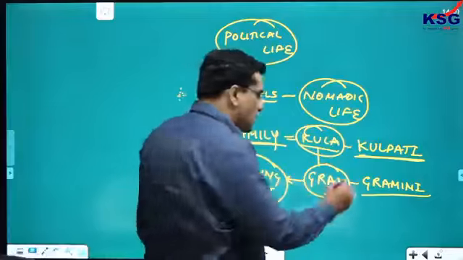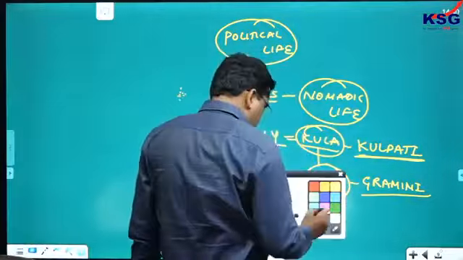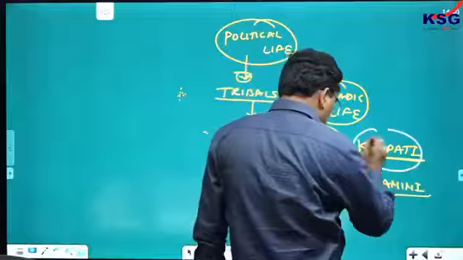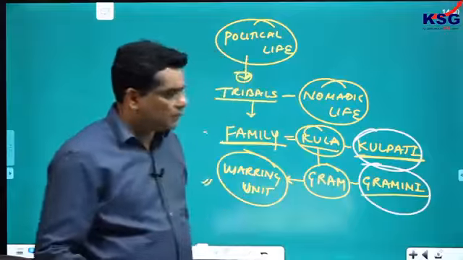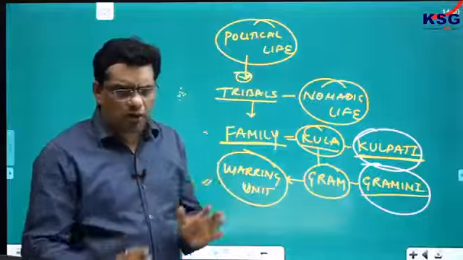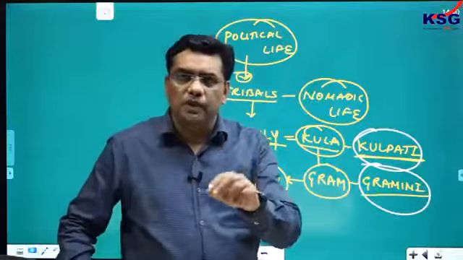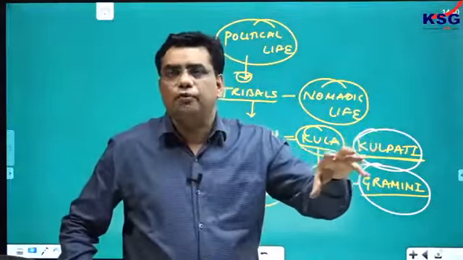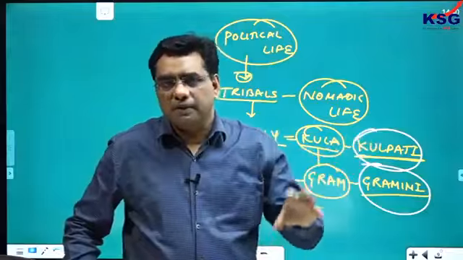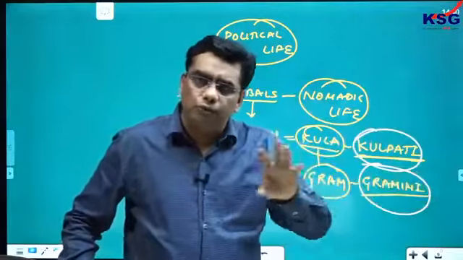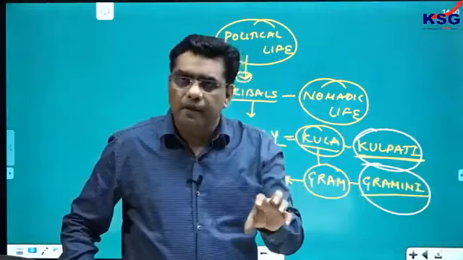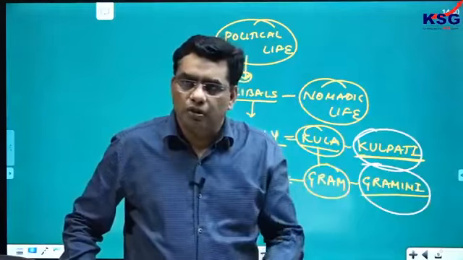So the head of the Kula is Kulpati and the head of the Gram is Gramini. Family is the smallest group. Then there is a group of fighters in the tribe. There are so many groups, but one group is called Gram and the head of that group is called Gramini.